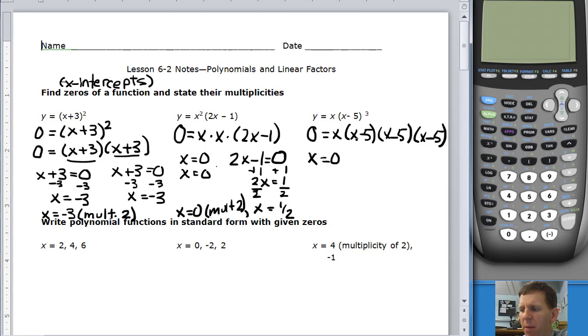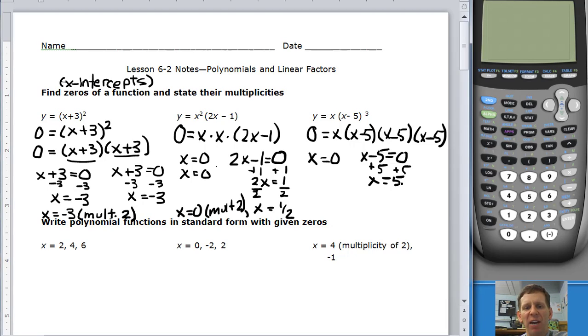If I solve x minus 5 equals 0, you add 5 to both sides and you get x equals 5. You would do that for the other factors too. You would get 0 for this x, and for these other factors, if we plugged in 5, we'd get 0. So there's three different answers of x equals 5.